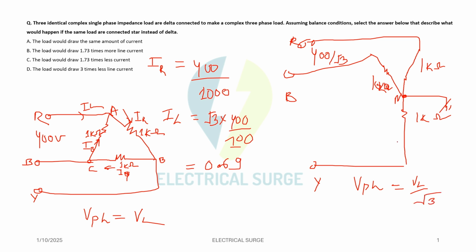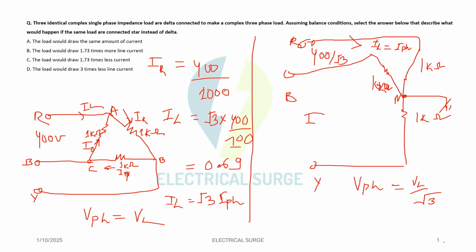Let us calculate the line current. You should know that line current and phase current in star connection are always the same, whereas phase voltage and line voltage are the same in delta connection. But line current is root 3 times the phase current in delta connection.